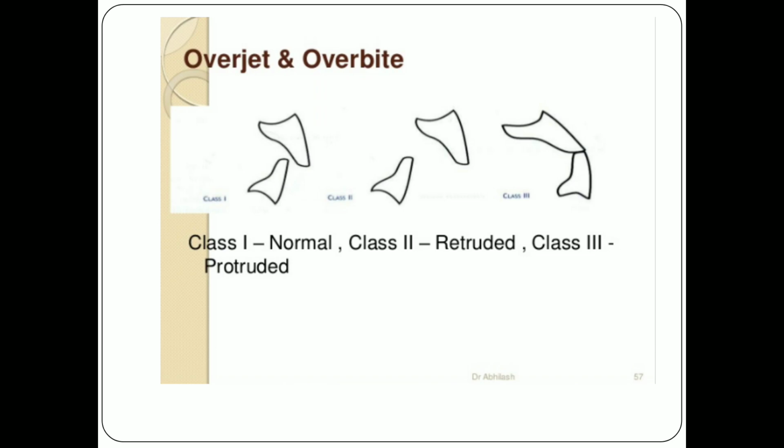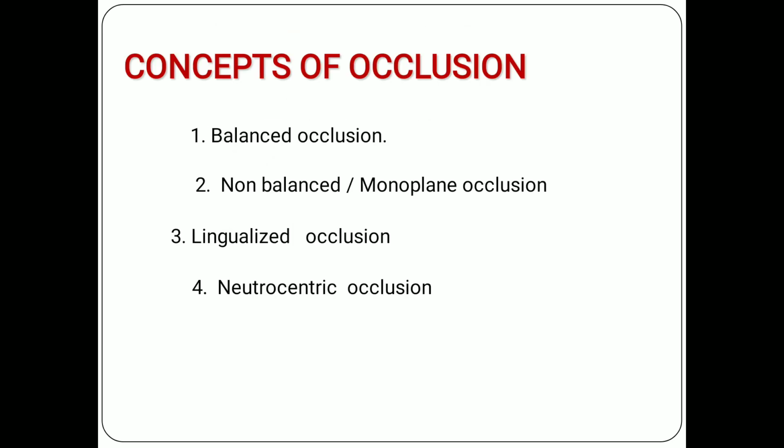Then now coming to concepts of occlusion. So now we are familiar with the basic points regarding occlusion. Regarding concepts, when you are fabricating a complete denture, we usually give balanced occlusion.